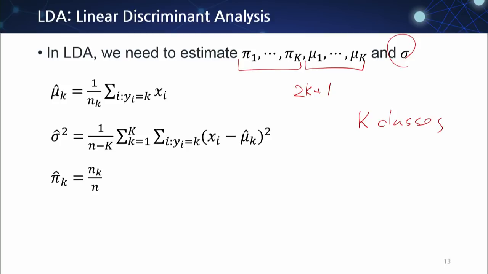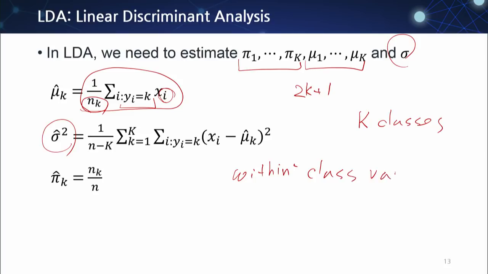First, the mean of each class distribution is simply estimated by the sample mean of the samples of each class, where n_k is the number of samples of class k. And this common variance is estimated as the within-class variance.